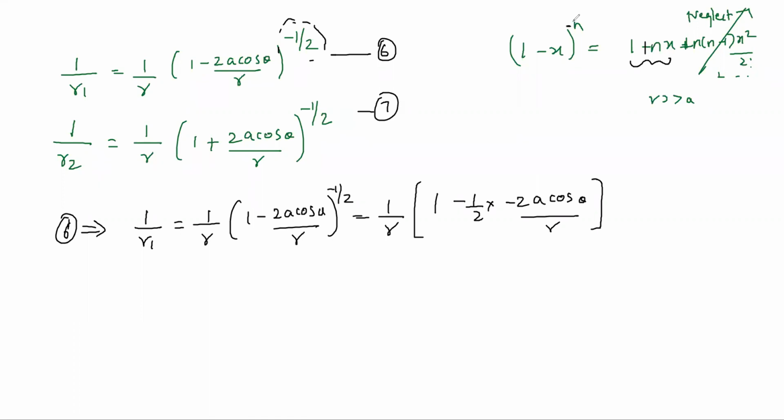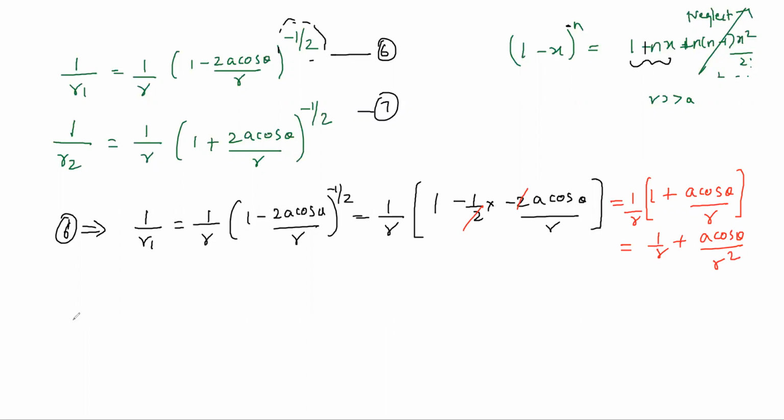You can cancel this 2 and this 2. So you are left with 1 by r into 1 plus a cos theta by r, which is 1 by r plus a cos theta by r square.